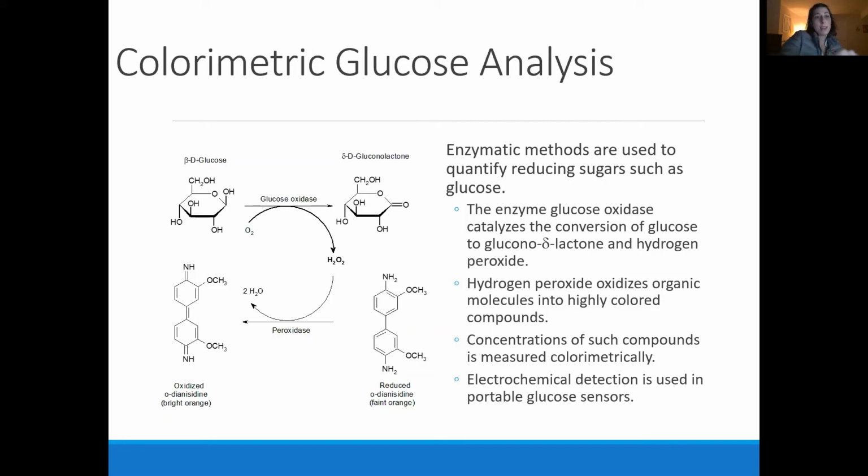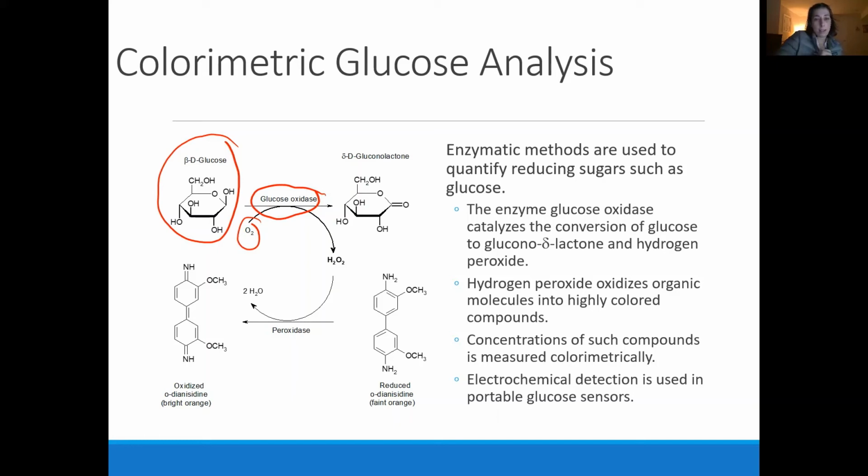Here we can see that glucose, when combined with oxygen and this special enzyme, remember enzymes catalyze reactions, will make a new structure that is a lactone. We just looked at an example of this. This is gluconolactone.